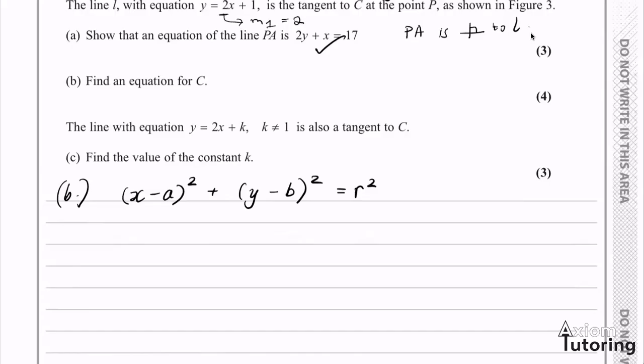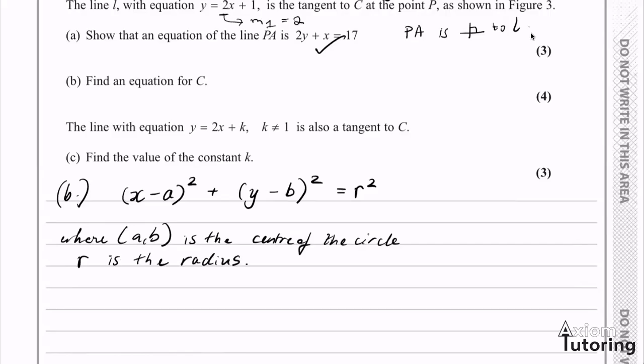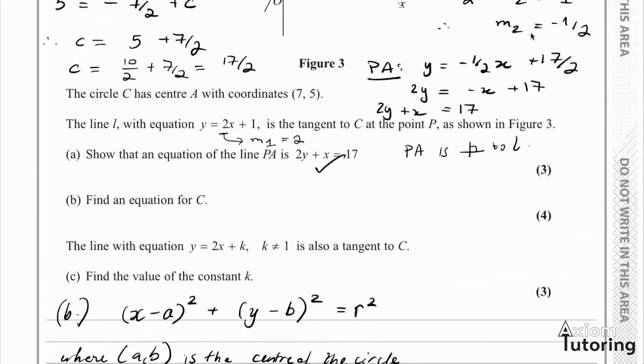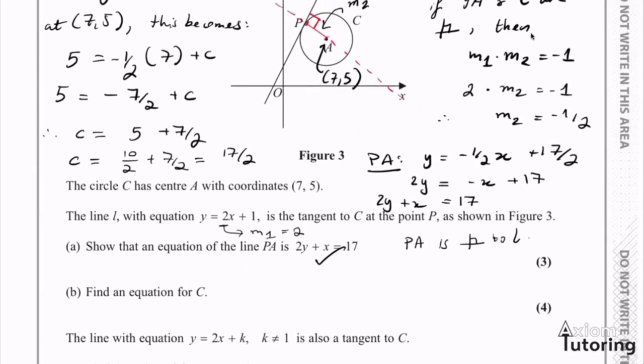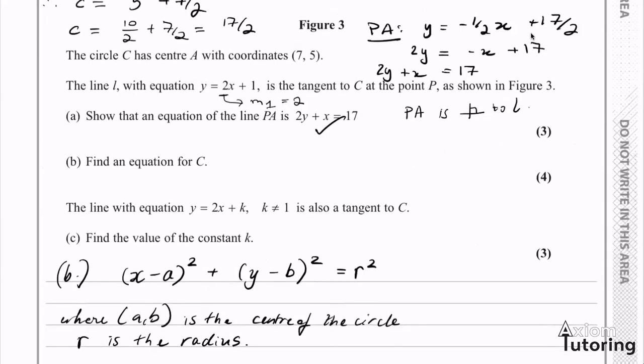This is the standard way to express the equation of a circle, where (a, b) is the center of the circle and r is the radius. In this question, we do have the center of our circle, so that's 7, 5. That just means 7 will be a and 5 will be our b.